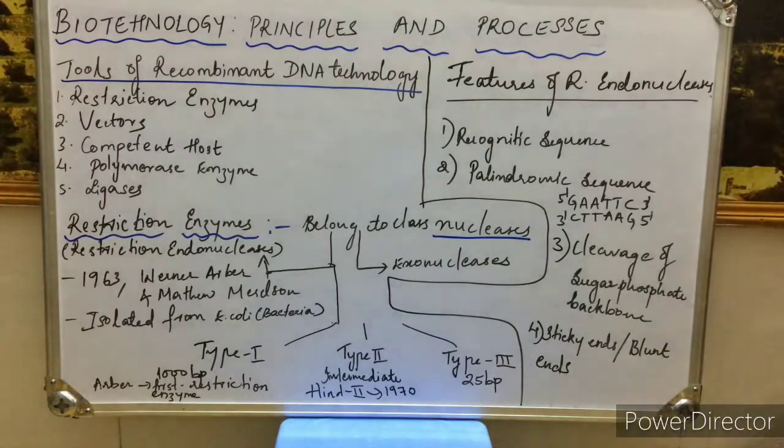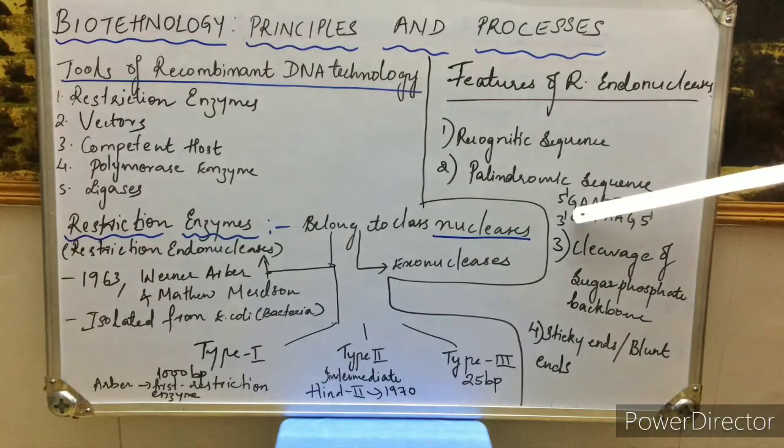HindII, one example of type 2 endonucleases, is going to recognize a 6 base pair sequence, and that sequence is known as the recognition sequence.